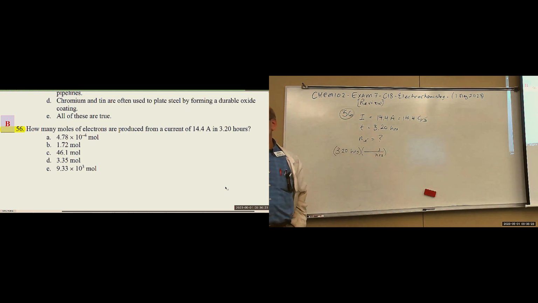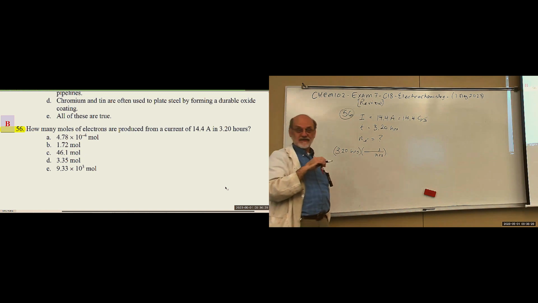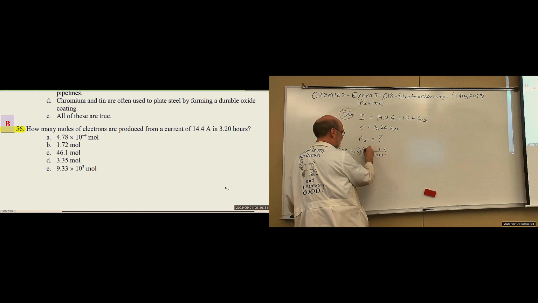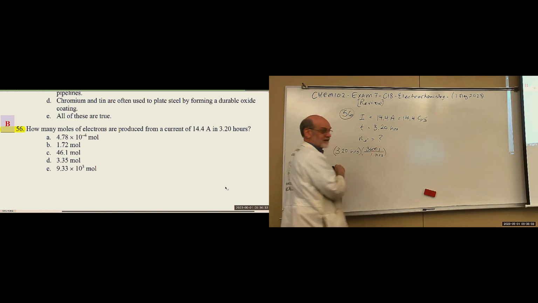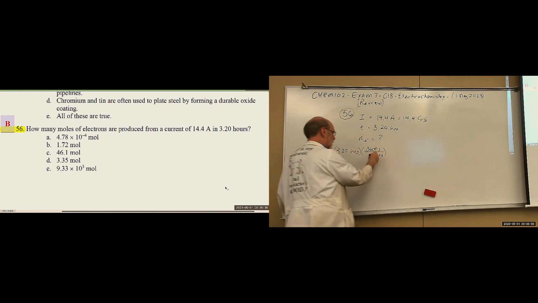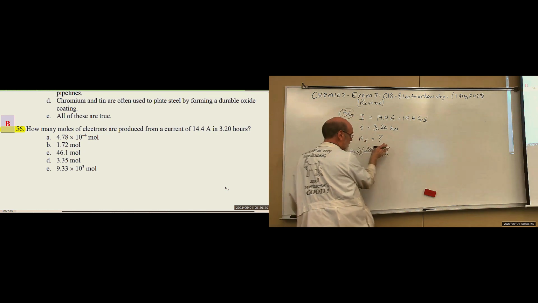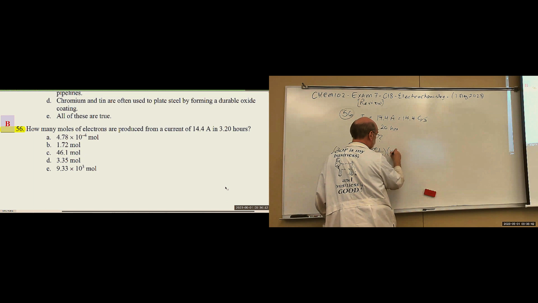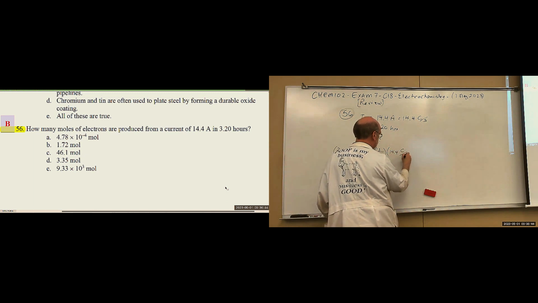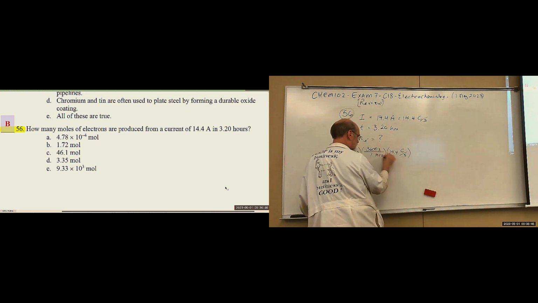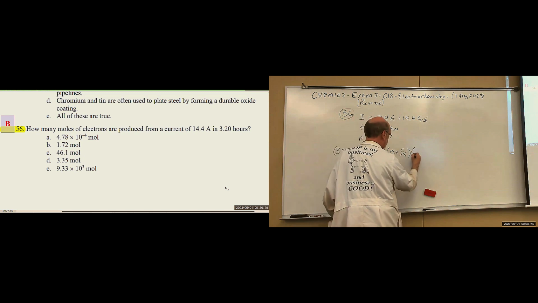Remember? 60 times 60. 60 seconds in a minute and 60 minutes in an hour. 3,600. That gets rid of the hours. Now we got seconds. Now we can say for that much time, we're running at 14.4 coulombs per second. Cancels the seconds, leaves us with coulombs.